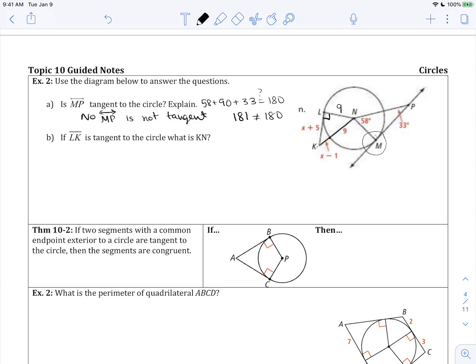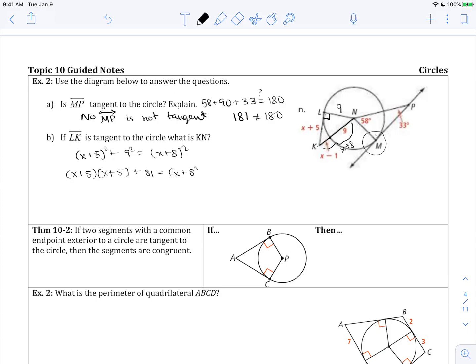And this whole length here is going to be x minus 1 plus 9, so x plus 8, right? So I can say (x plus 5) squared plus 9 squared equals (x plus 8) squared. I'm going to multiply this out, and I'm going to write this as 2 binomials to help me.